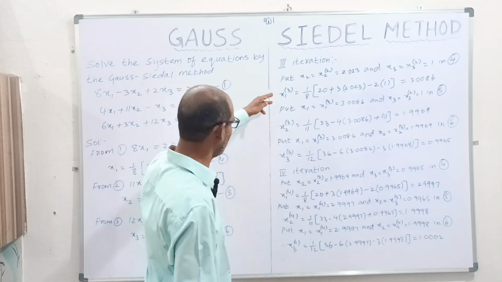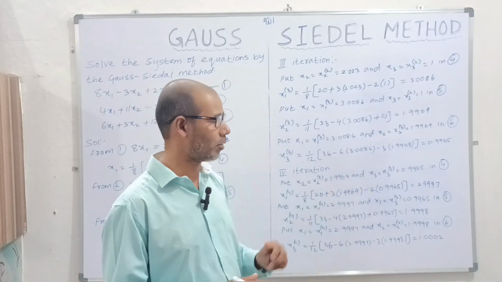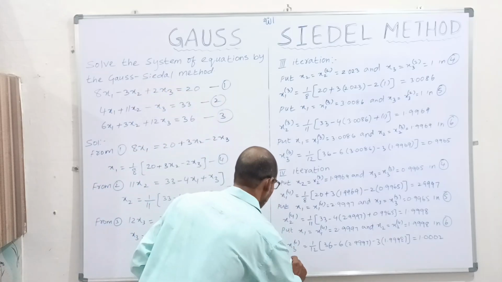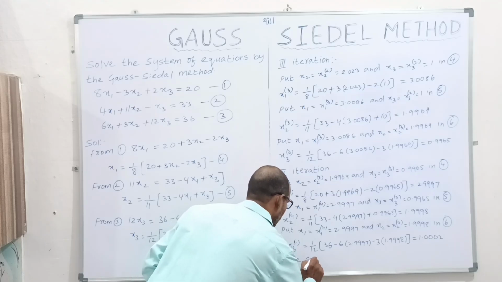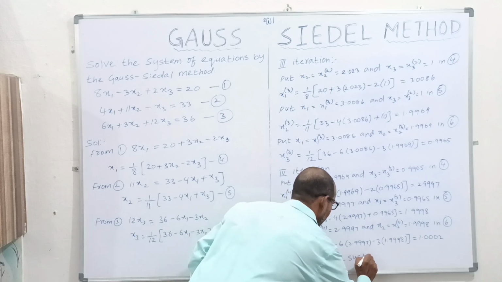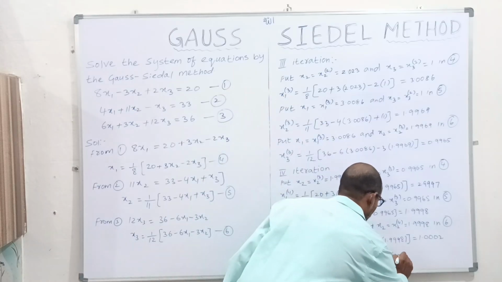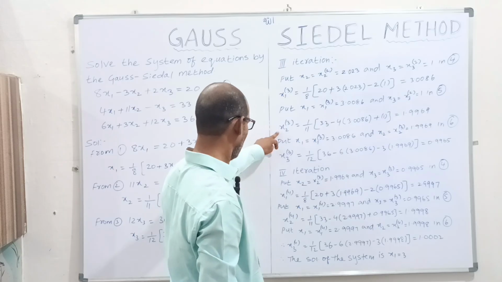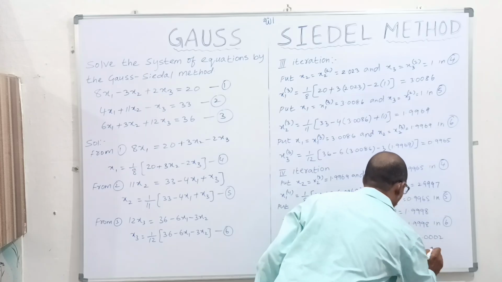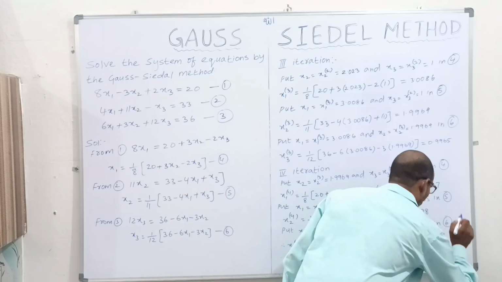As the values of x1, x2 and x3 from the third iteration and the fourth iteration are similar or nearer to each other, we stop here and we will take the solution of the given system of equations as x1 equals 3, x2 equals 2 and x3 equals 1, right?